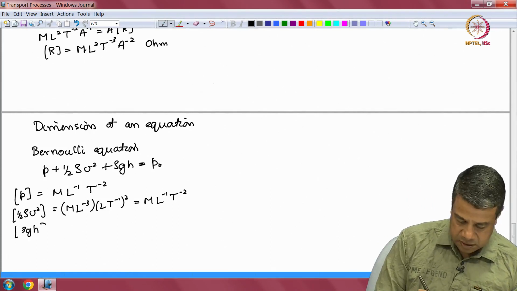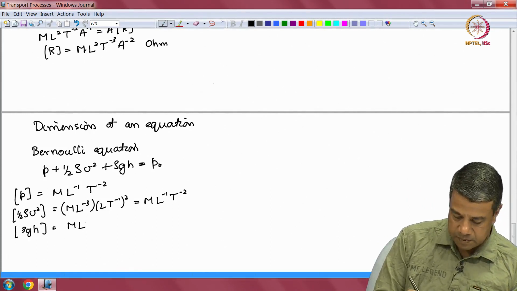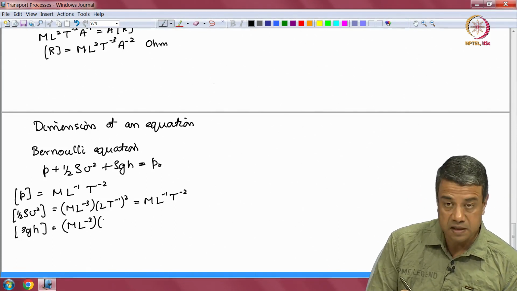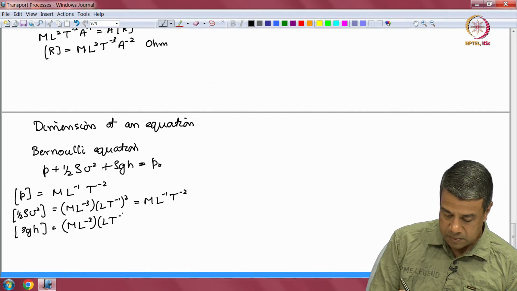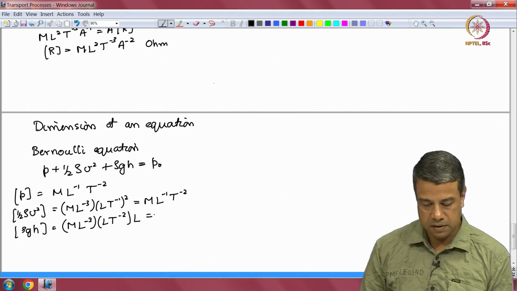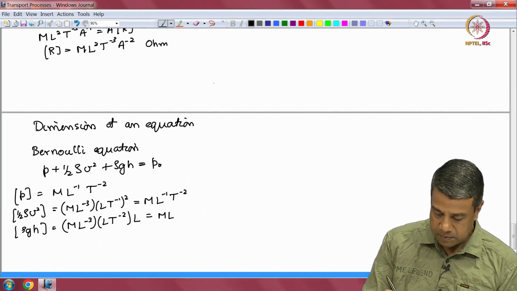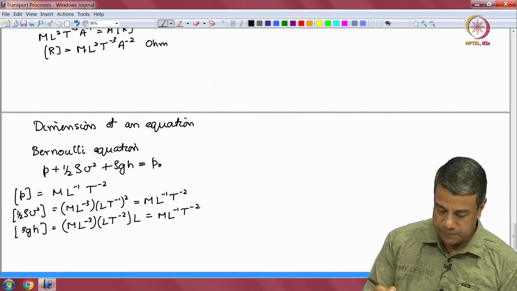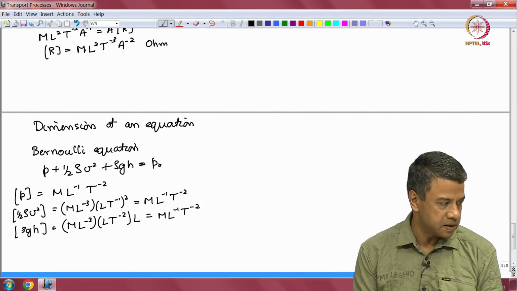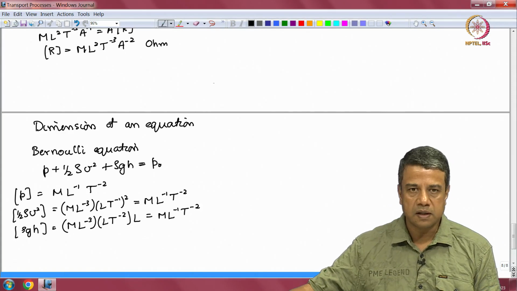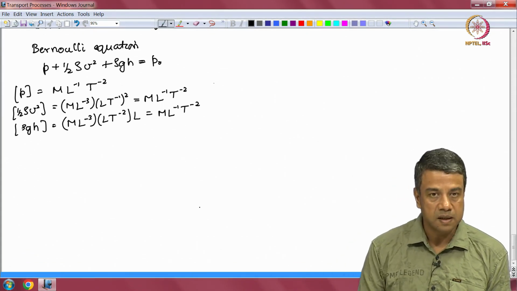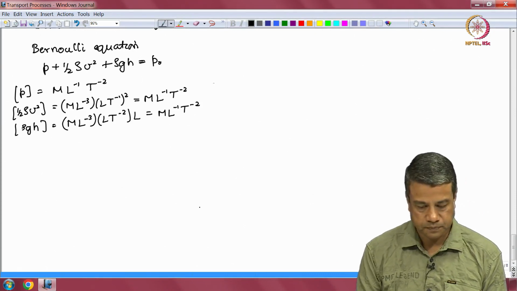Rho g h is equal to m L power minus 3 into g, which is acceleration, L t power minus 2, into h, which has dimensions of length. So, m L inverse t power minus 2. And P naught is a reference pressure, it has the same dimension as pressure. So, clearly all terms in this equation have exactly the same dimension, and that is the dimension of the equation.